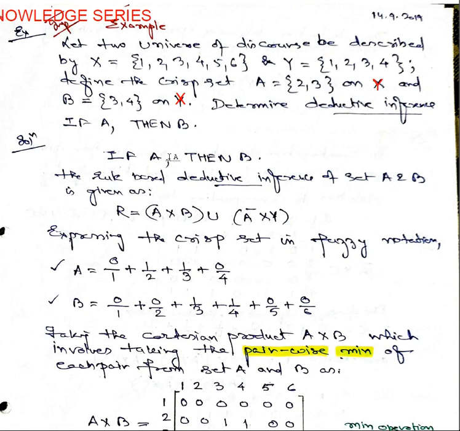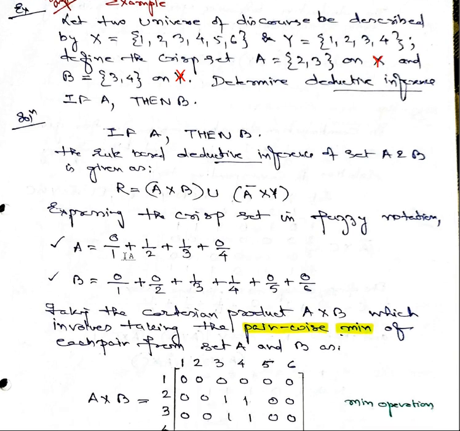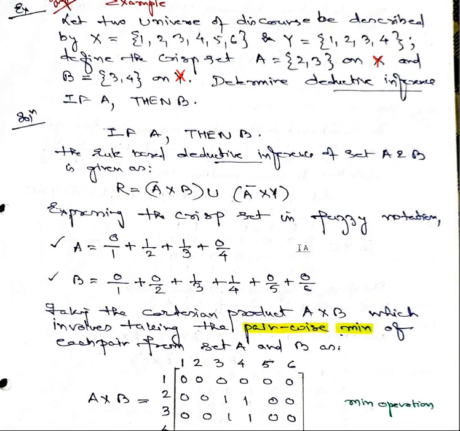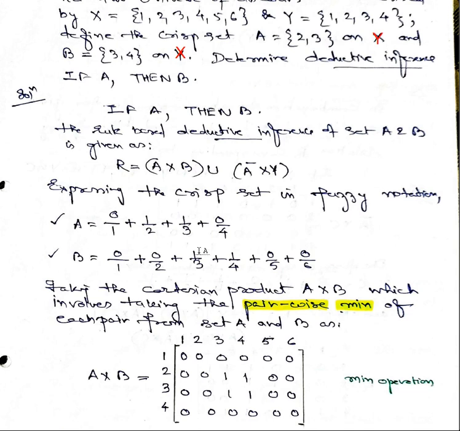That is what you see in this particular scenario. So when you have to solve this problem, you first rewrite here 0/1, 0/2, 1/3, 1/4, 0/5, 0/6. The numerator is the membership value, the denominator is the crisp element. So that is the crisp set values.